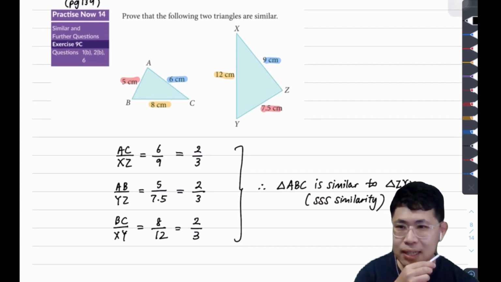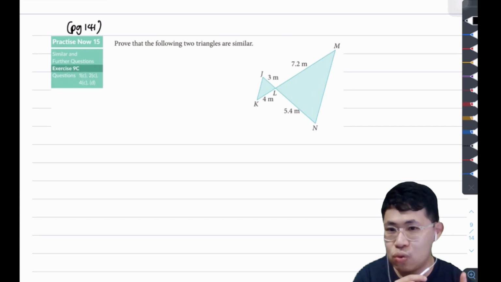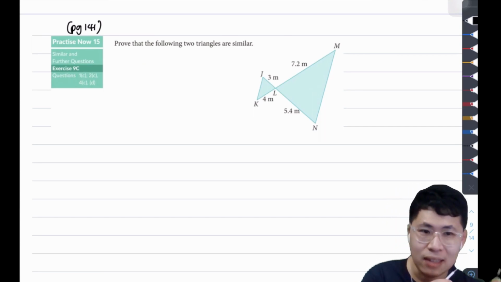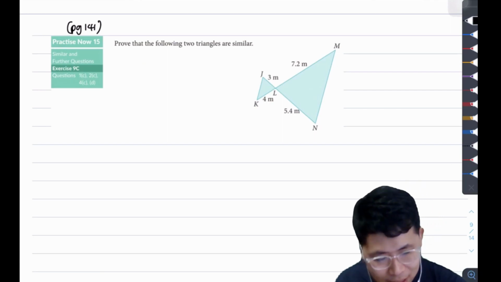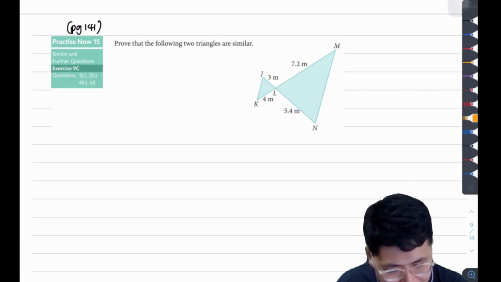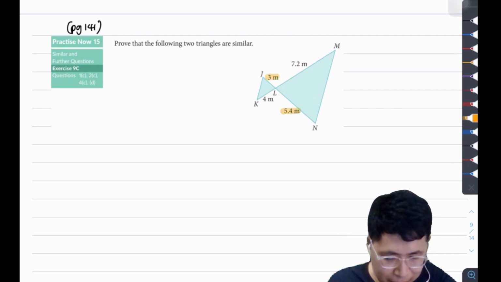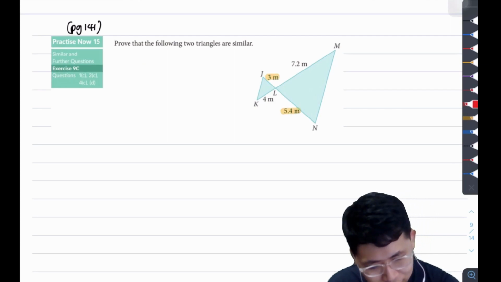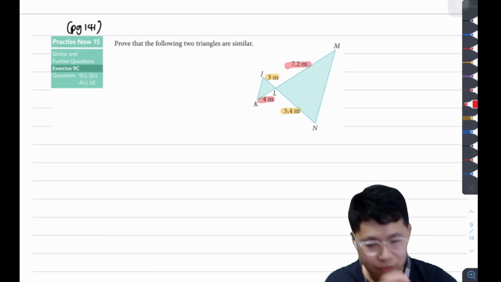Okay, so with this idea in mind, let's move on to Practice Now 15, where we only have 2 sides. So we need to look for one angle to supplement this to form our similarity test. So let's take a look. We have 3 meters and maybe 5.4. Let me match this. And we have a 4 and a 7.2. Usually when we see this kind of question, it will be flipped.